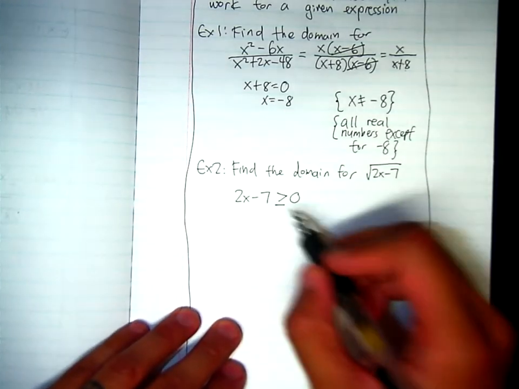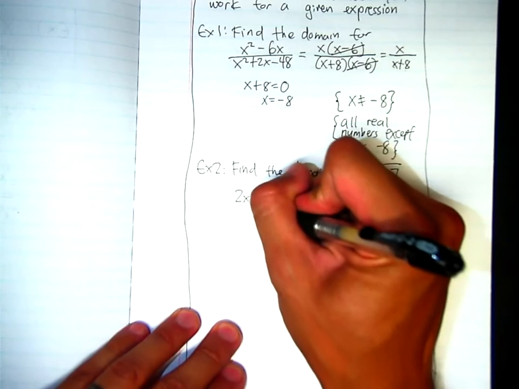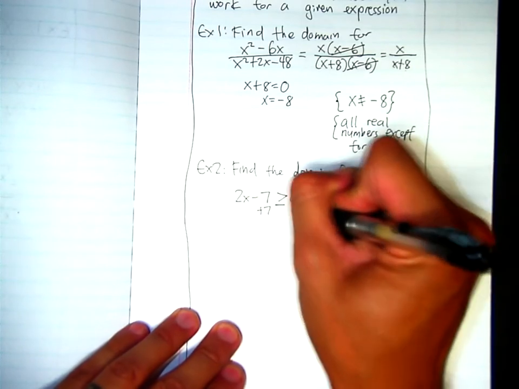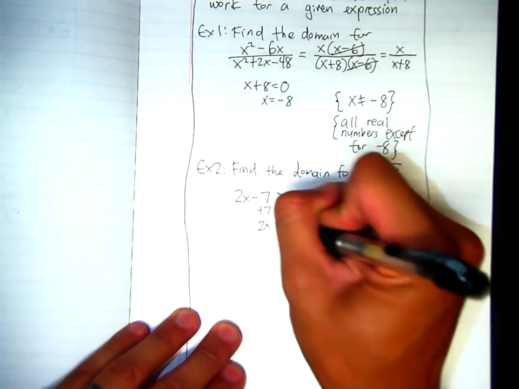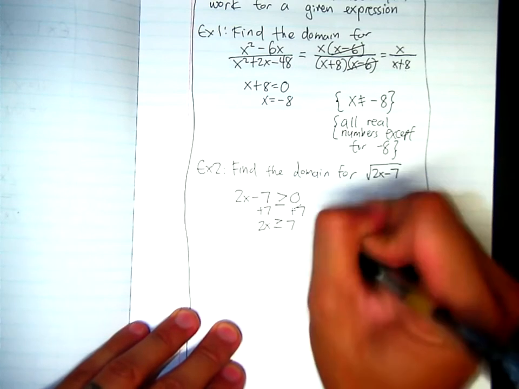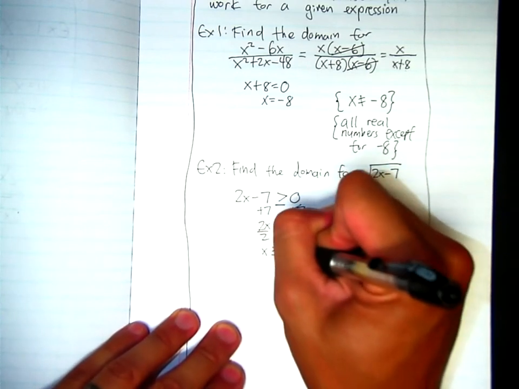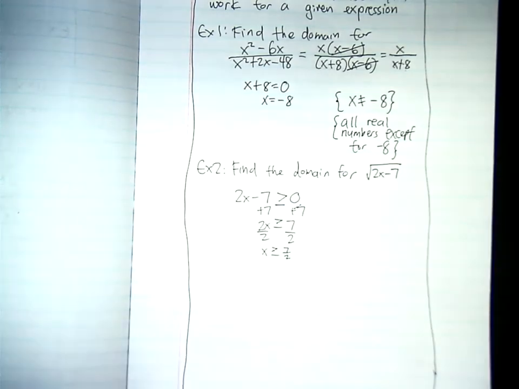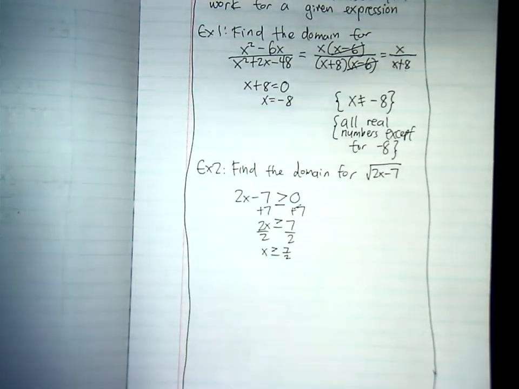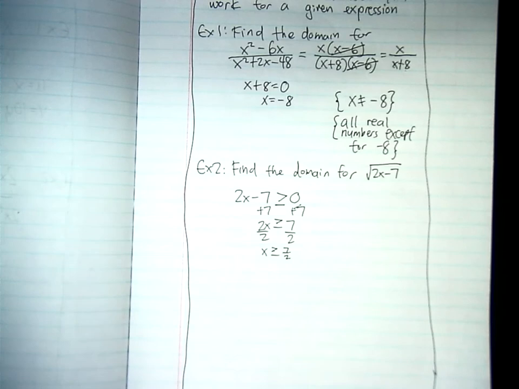If I add 7, I'll have 2x is greater than or equal to 7. I'll divide by 2, and x is greater than or equal to 7 halves. As long as x is greater than or equal to 7 over 2, it will work.